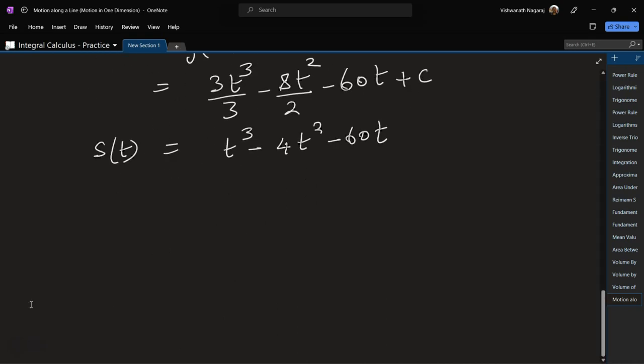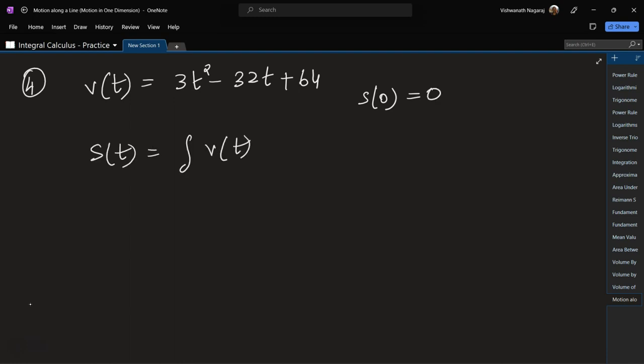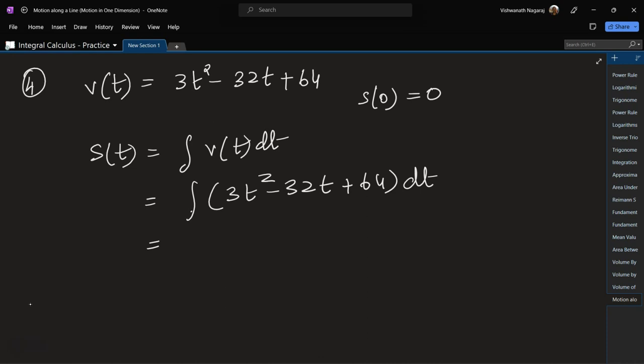Now fourth one, v of t is equal to 3t square minus 32t plus 64, and s of 0 is equal to 0. So s of t would be the integral of v of t dt, which means the integral of 3t square minus 32t plus 64 dt, which is equal to 3t cube by 3 minus 32t square by 2 plus 64t plus c.